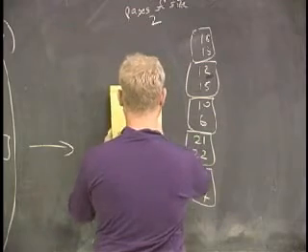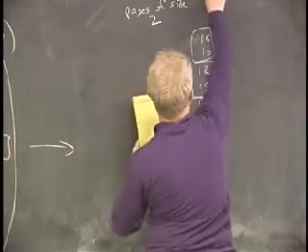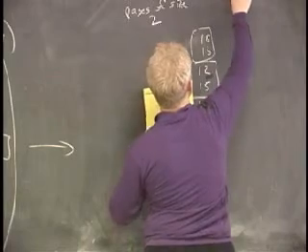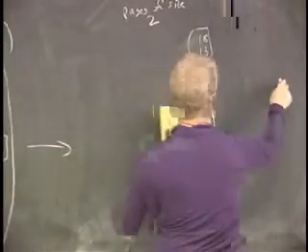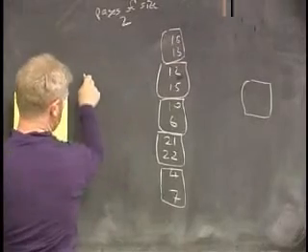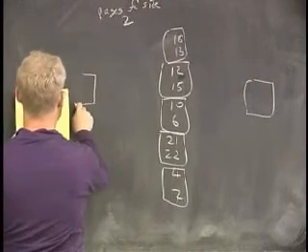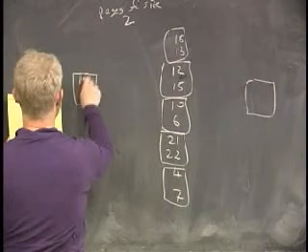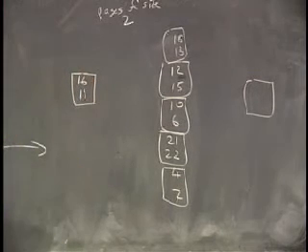Okay, 1, 2, 3, 4, 5. Pages of size 2, 5 pages here, 1 page here, and 1 page here. Okay. Here's the 7 pages.